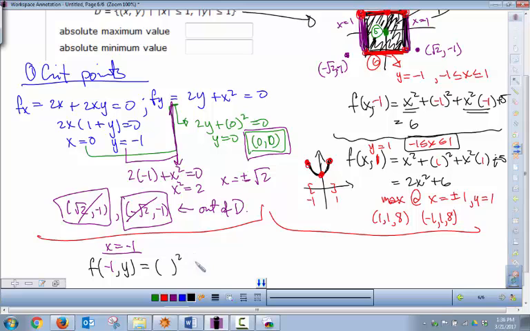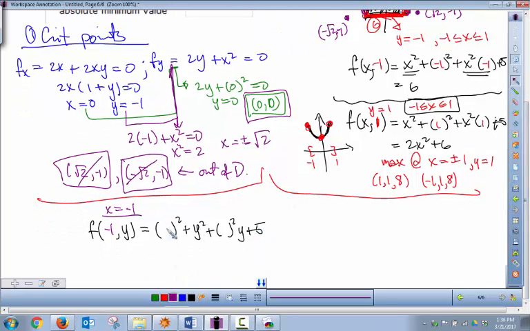So negative 1 squared plus y squared plus negative 1 squared times y plus 5. So this will give us y squared plus y plus 6. And by the way, this is happening when y goes from negative 1 to positive 1.